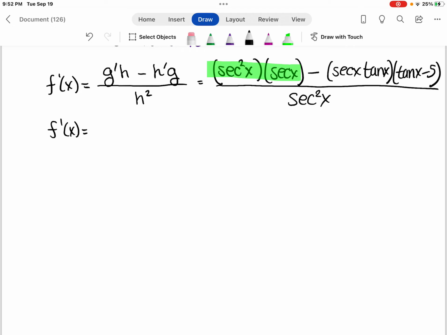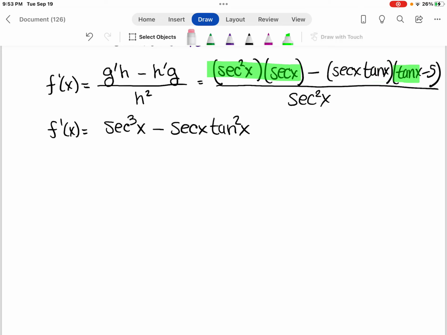So I have secant squared times secant. That gives me secant cubed. Now I'm going to take secant x tan x times tan x. That's going to give me a minus secant x tangent squared x.